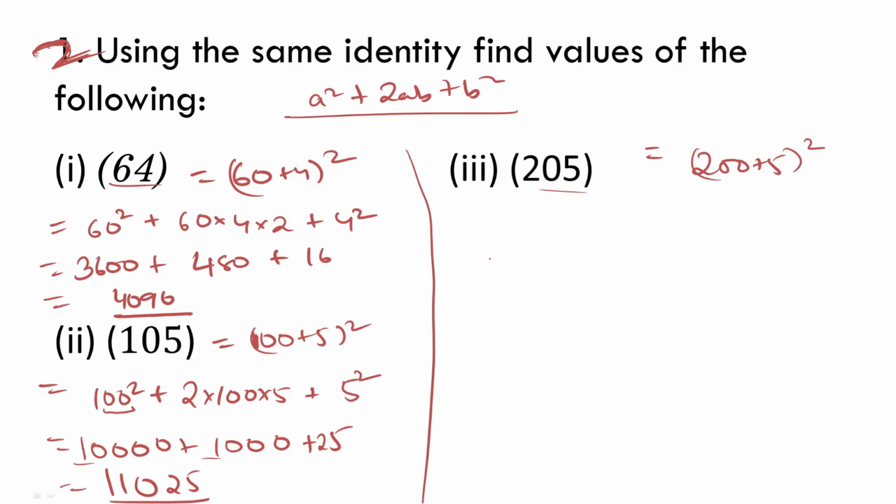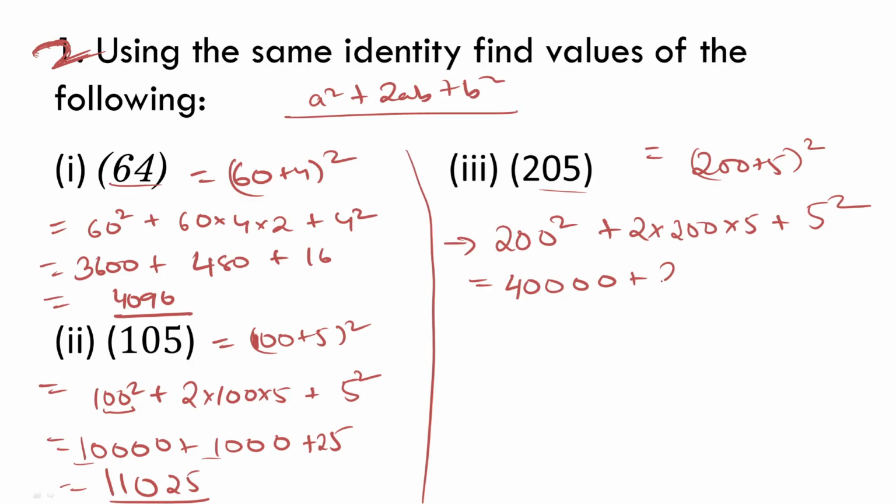Then we can solve this also. 200 square plus 2 times 200 times 5, plus 5 square is equal to 40000, plus 2000, plus 25, which gives the answer 42025, and with that we are done.